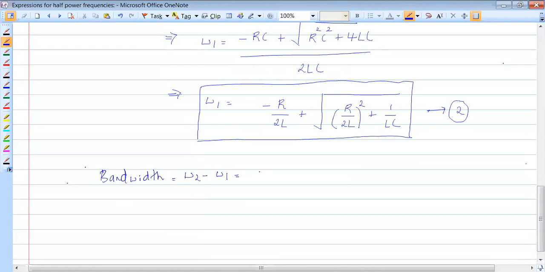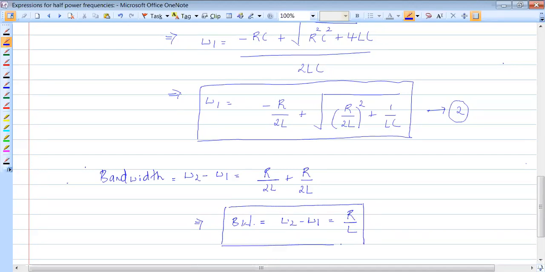You know omega 2 and you know omega 1, so if you subtract omega 1 from omega 2 you get the bandwidth, which happens to be R by 2L plus R by 2L, because the second term is the same. So the bandwidth omega 2 minus omega 1 is R by L. We obtained this earlier, but in a different way, when we talked about bandwidth and selectivity.